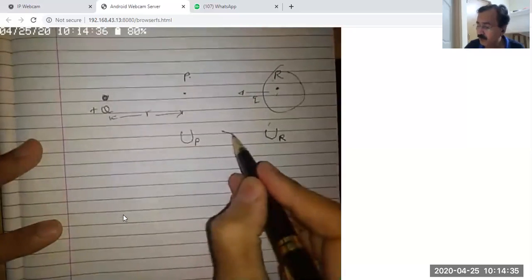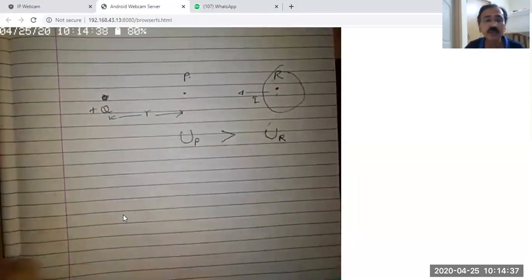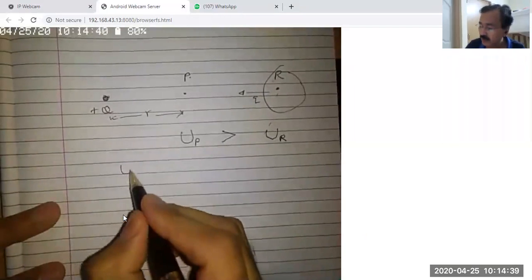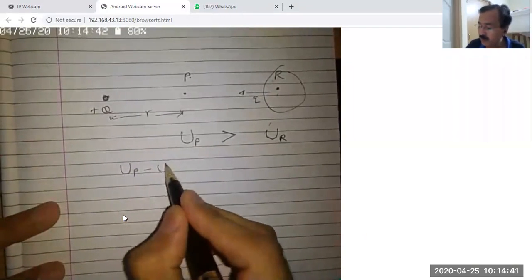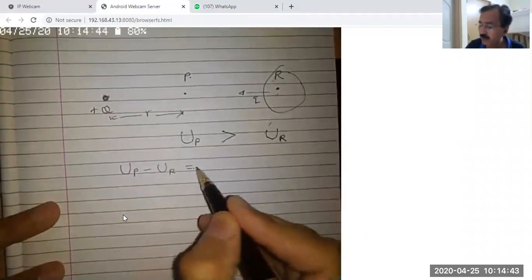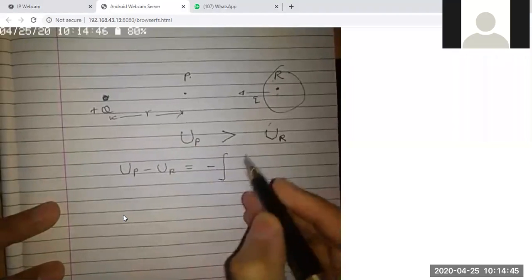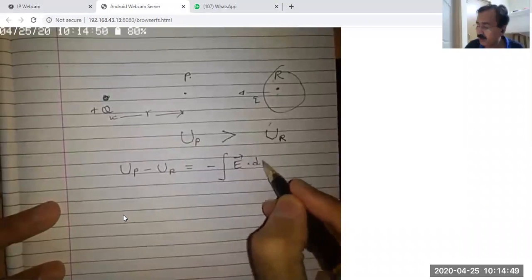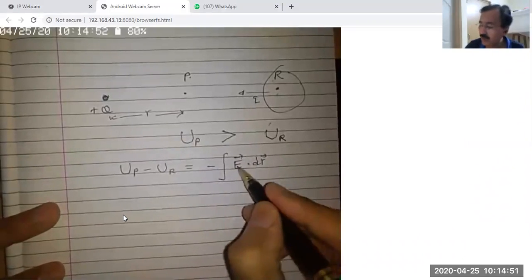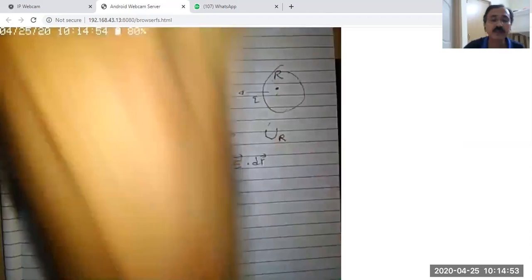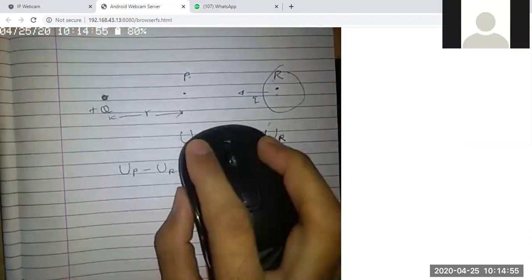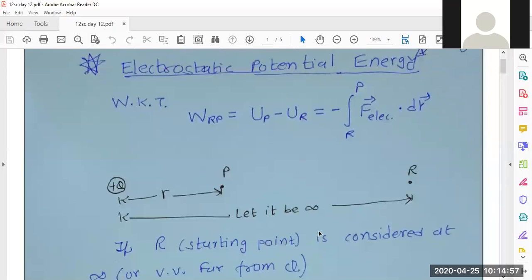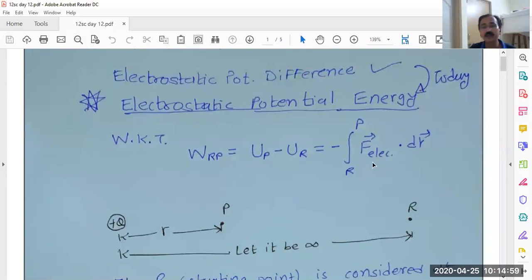It was found that UP was greater than UR. So we had a formula: UP minus UR equal to negative W_PR, which is integration of E dot dr, or say F external dot dr. So this is F electric dot dr, R to P.